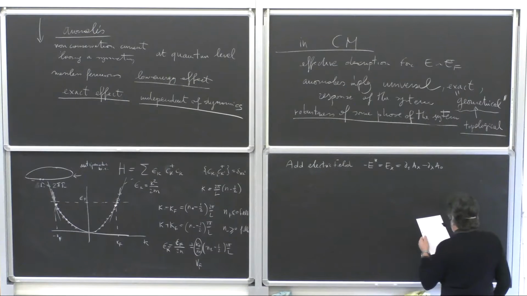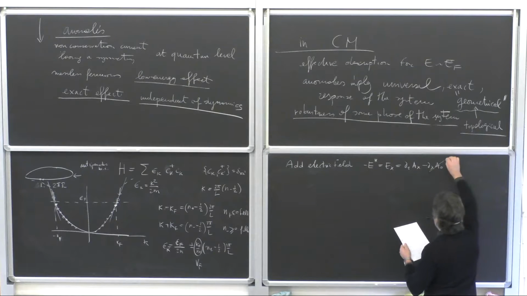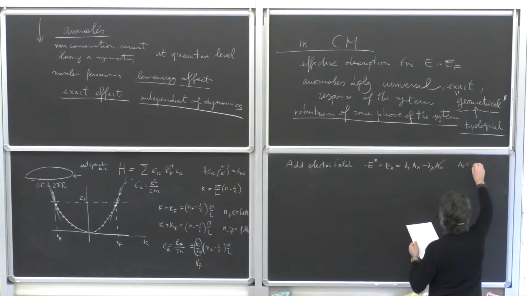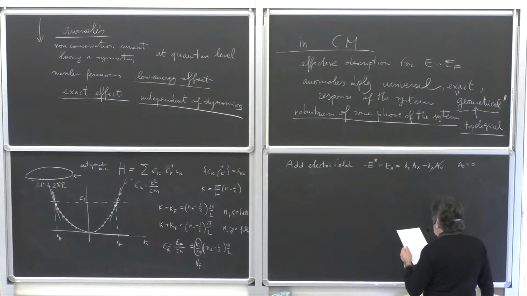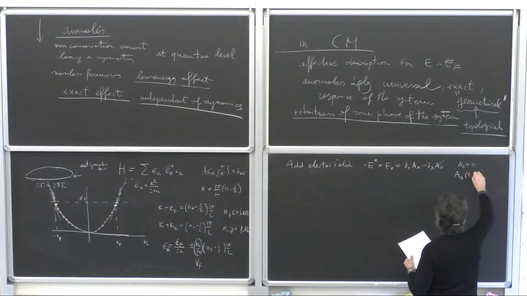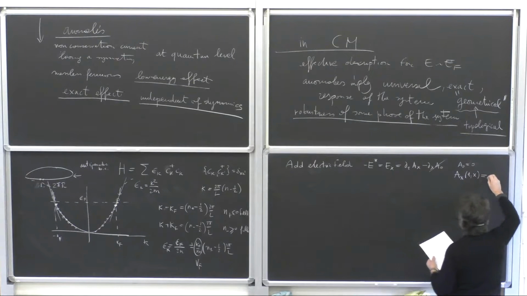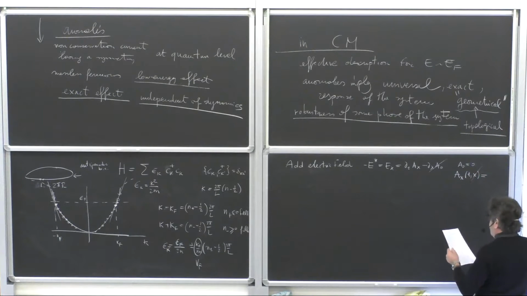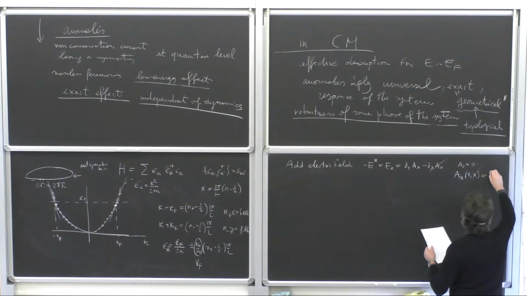And then I take A0 equal to 0, I can take the gauge choice. And also in one dimension, I can say that AX of t can also be eliminated of the x dependence. In fact, I can take it proportional to the time.